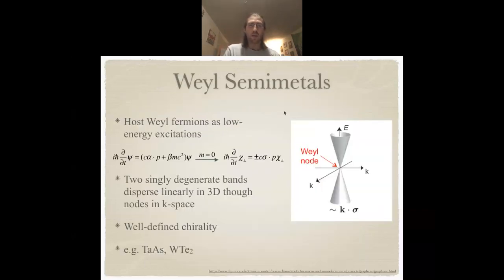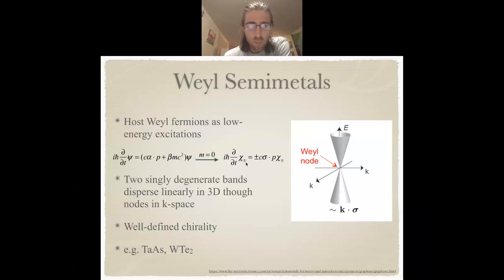So a Weyl semimetal is a material that has special band crossings, which result in Weyl nodes. For those of you who are not familiar, the Dirac Hamiltonian can describe relativistic particles. When you set the mass equal to 0, these Dirac spinors can be decoupled into 2 Weyl spinors with defined chirality.